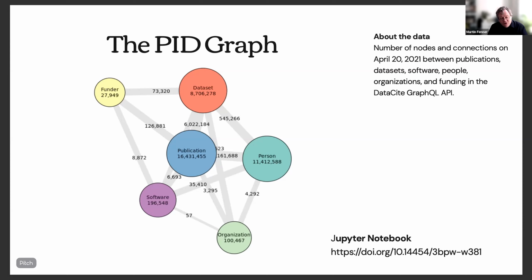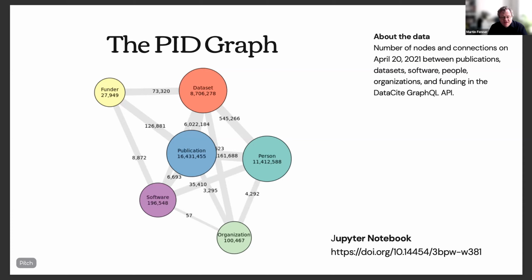Software currently is DOIs for software provided by Zenodo, and of course there's lots more, for example, identifiers used by Software Heritage, and so forth. So that's a subset, and that's very clear.